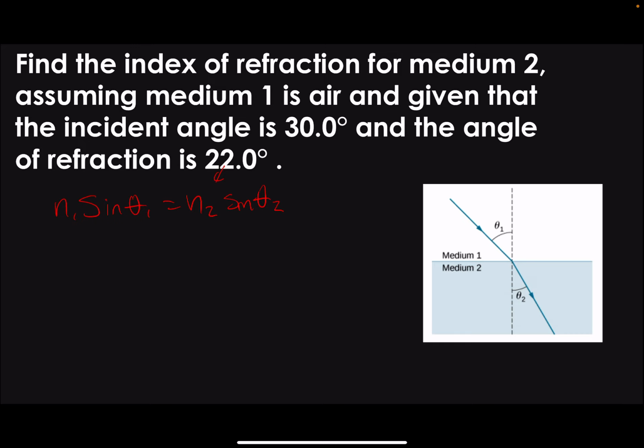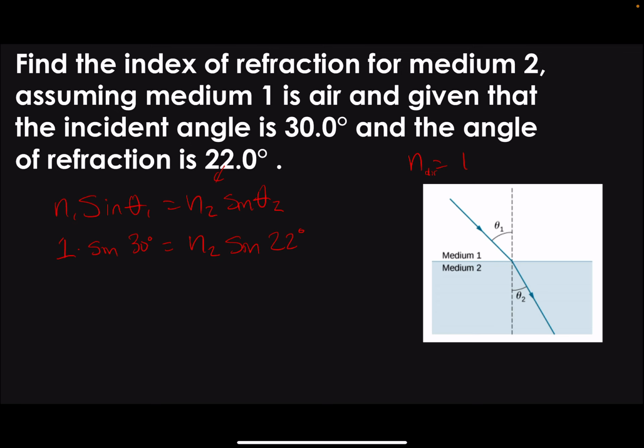Medium 1 is air. We know the n of air. We had that earlier. n1 of air is 1. So we can put a 1 there, times sine of our incident angle, our theta 1, is 30 degrees. We're looking for n2. And we know our refraction angle was 22 degrees.